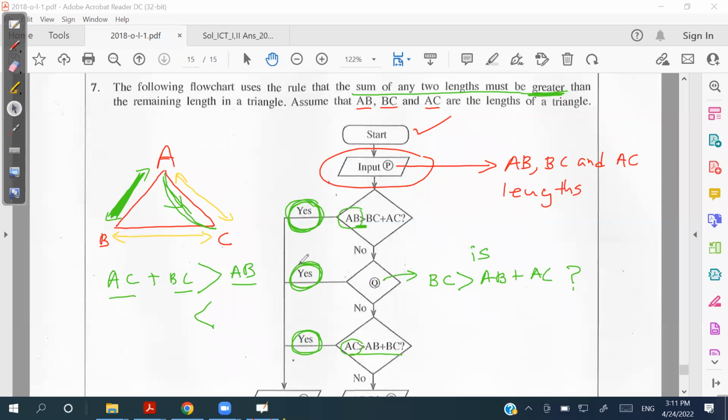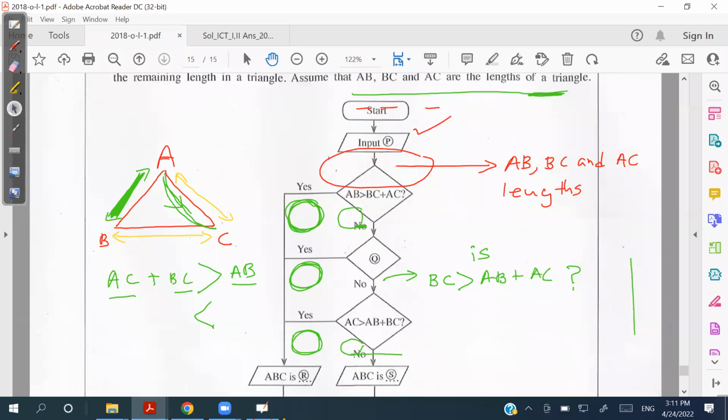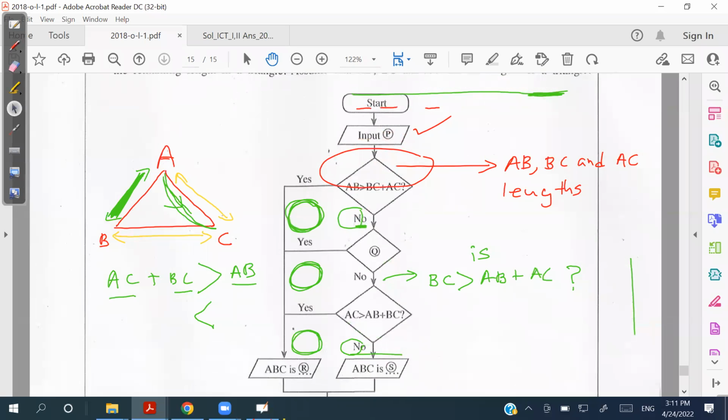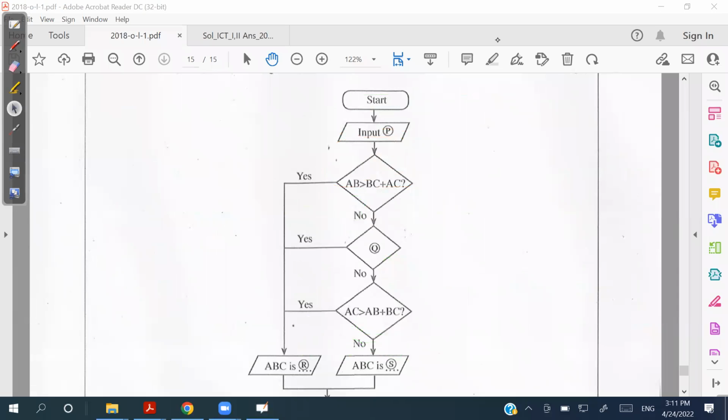So if we consider the R statement, let me clear the annotations, otherwise it will be a little jumbled.